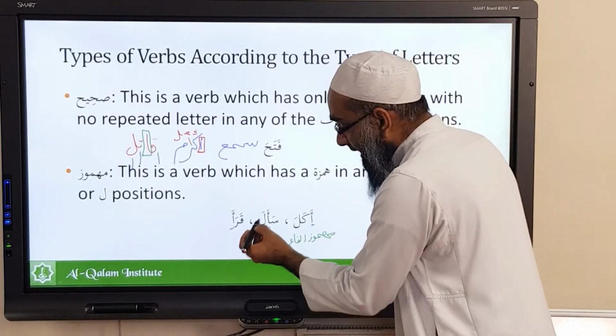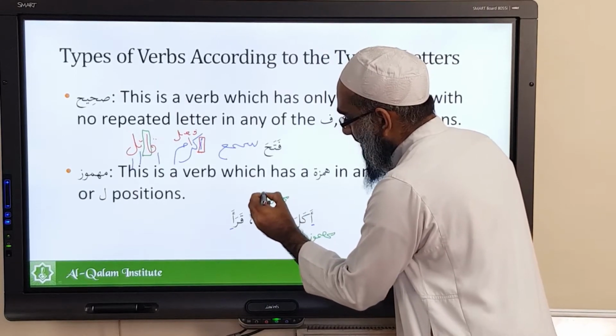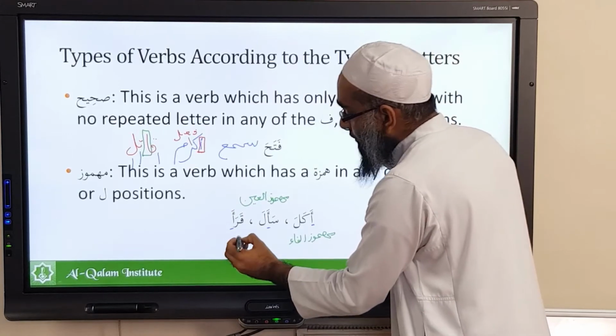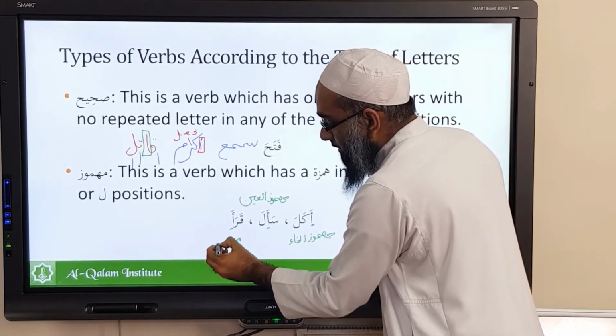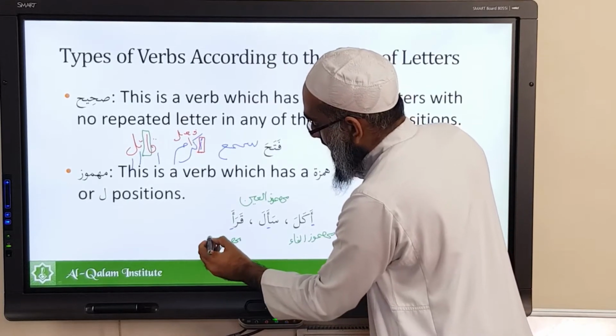If the hamza comes in the ain position, you call it what? You don't get any points for guessing that one. Mahmuzul ain. And if the hamza comes in the lam, you call it mahmuzul lam.